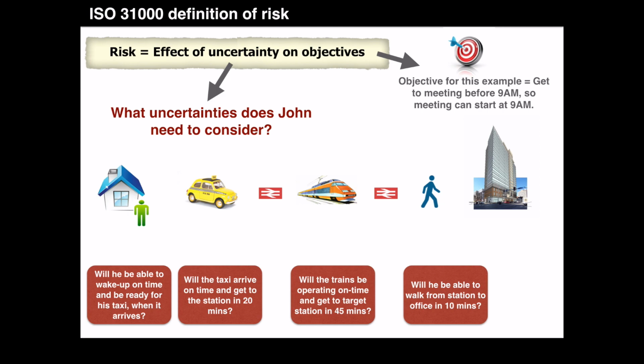Please note that John may be able to influence some uncertainties, for example, wake up on time and be ready when the taxi arrives, but he will have little or no influence on certain uncertainties such as taxis and trains operating on time. Irrespective of the influence John has on uncertainties, he still needs to consider them to achieve his objective of getting to the meeting before 9 a.m.